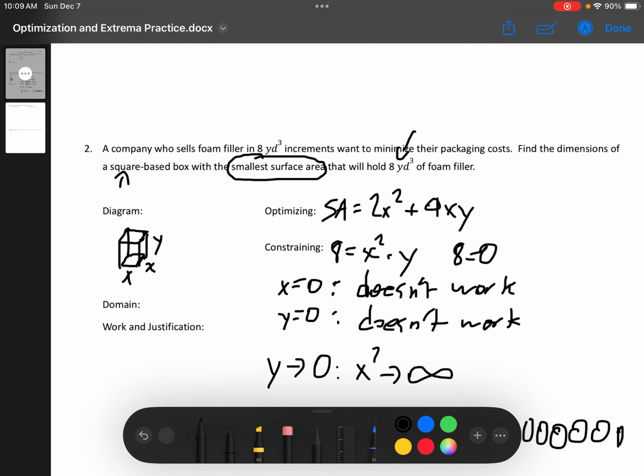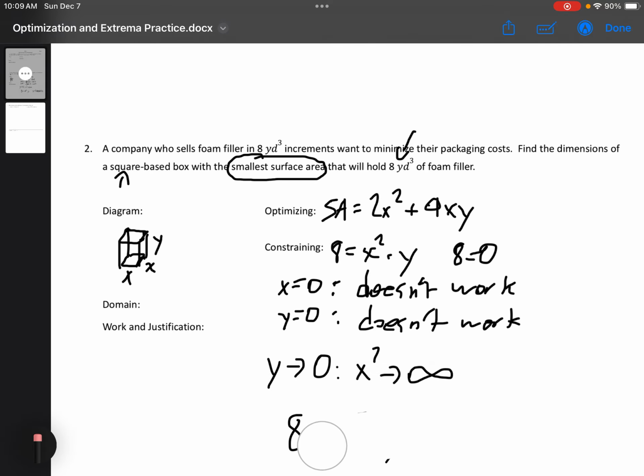So x squared is going to infinity when y is approaching 0. And if x squared approaches infinity, then x is also approaching infinity. So since x equal to 0 plainly doesn't work, but y approaching 0 makes x approach infinity, our domain is (0, infinity).